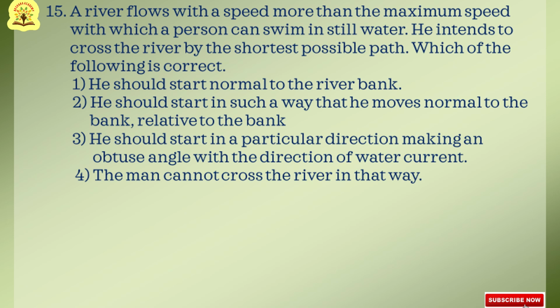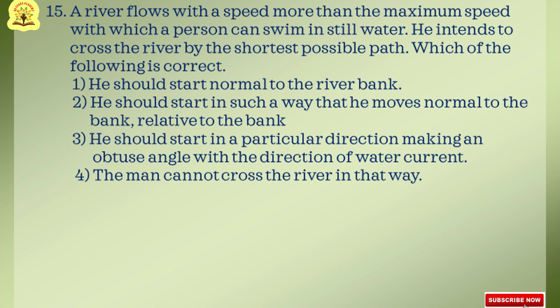A river flows with a speed more than the maximum speed with which a person can swim in still water. He intends to cross the river by the shortest possible path. Which of the following is correct? Here they have given 4 options. First one is he should start normal to the river bank.